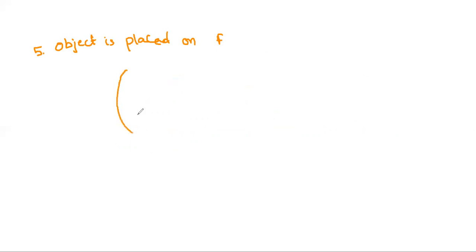Now you place the object on F. Pole, focus, center of curvature. Look at here, children. You should take the object on F. This is the object. Let us name it as O dash.